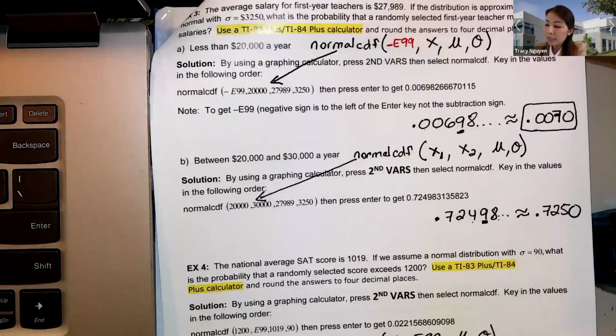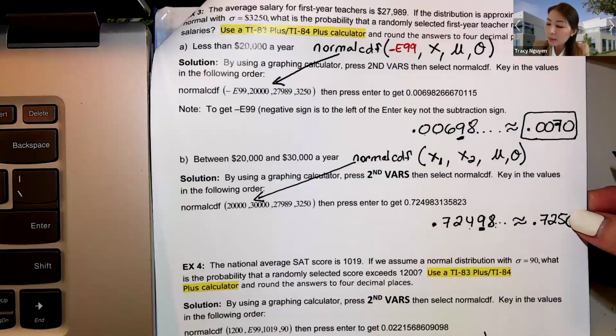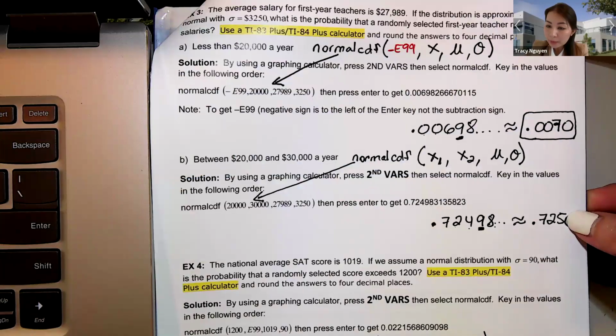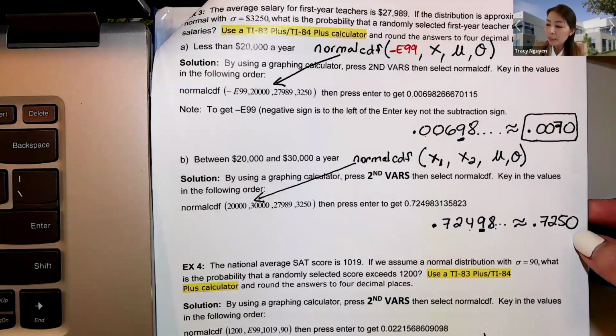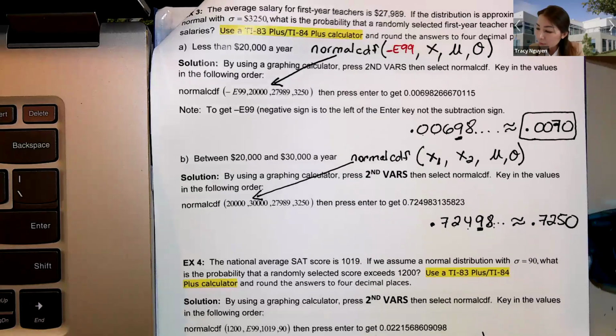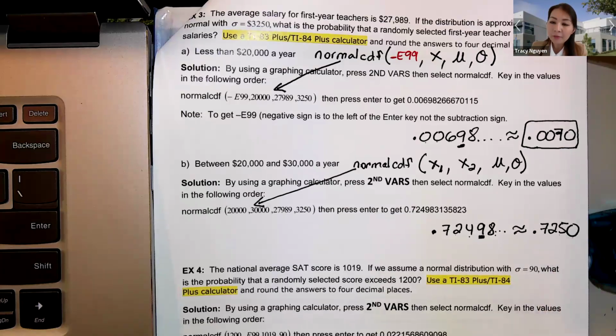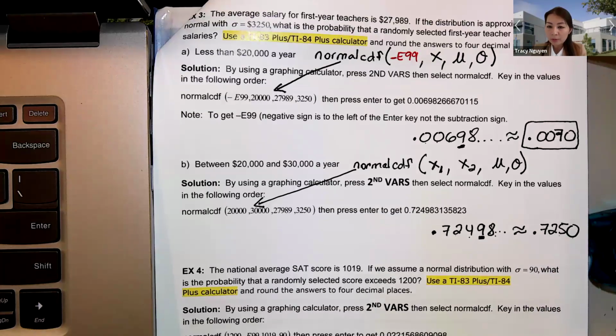Here, by doing it with our calculator, we have 0.725. So it matches up to 3 decimal places for this problem. And the fourth one is off by 5 out of 10,000. That's right, 5 out of 10,000. Very, very small. Okay, so that's what we have.